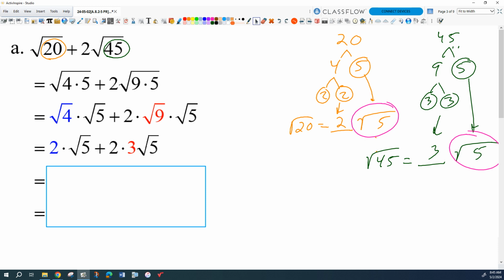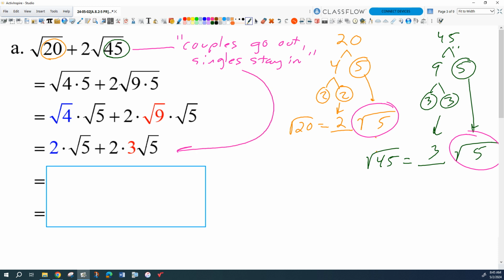The stuff we did yesterday would really take us from this step that takes us all the way down to there, doesn't it? Factor tree and couples go out, singles stay in takes us down to there. And then what do we have?